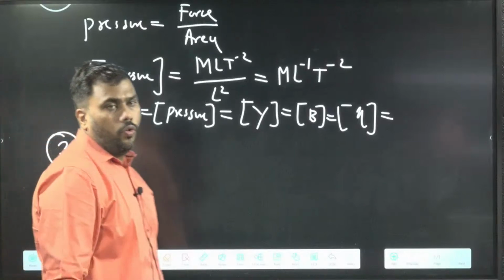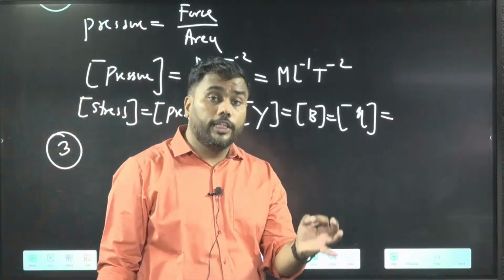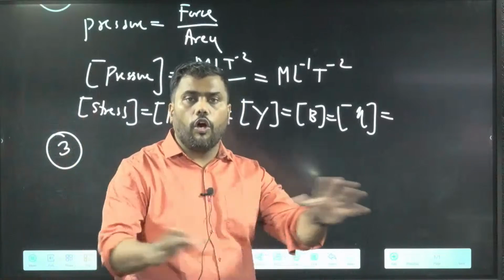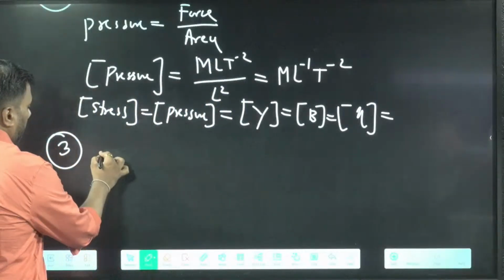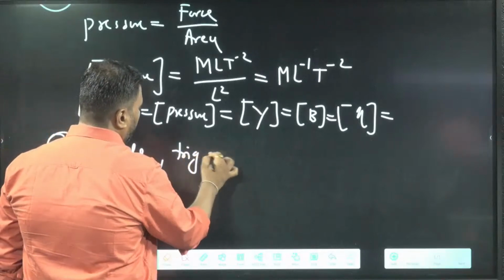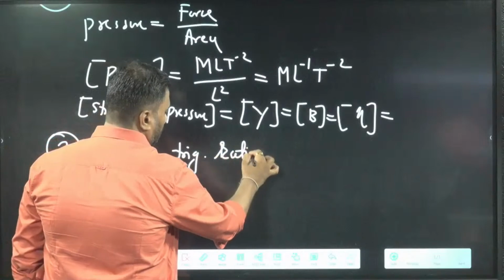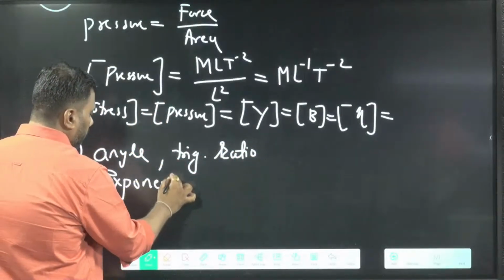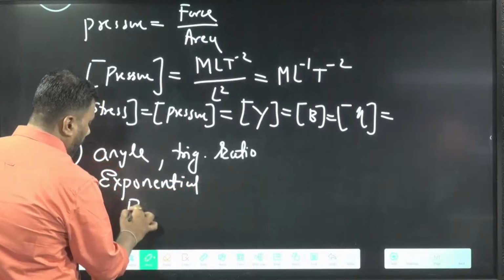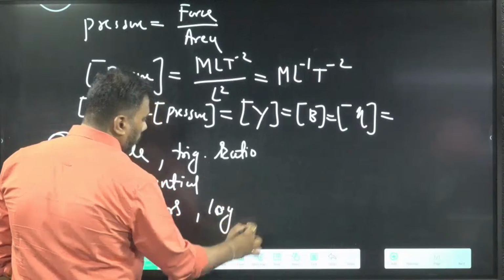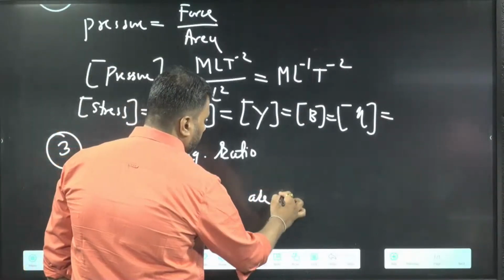Third rule: trigonometric ratios, powers, exponents, logarithms, all are dimensionless. Angle, trigonometric ratio, exponential, powers, log, all are dimensionless.